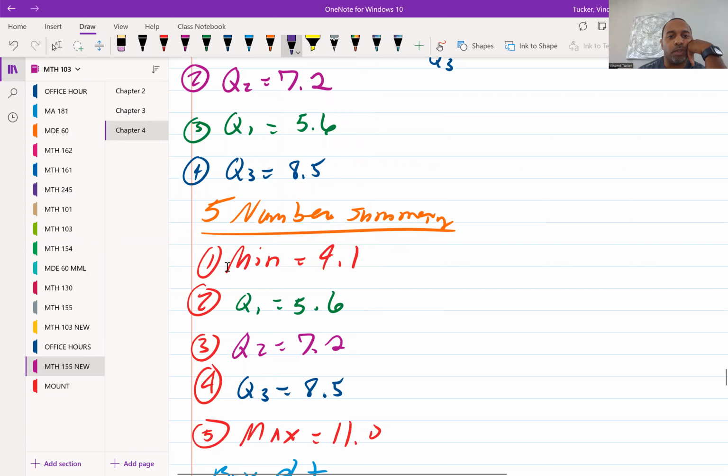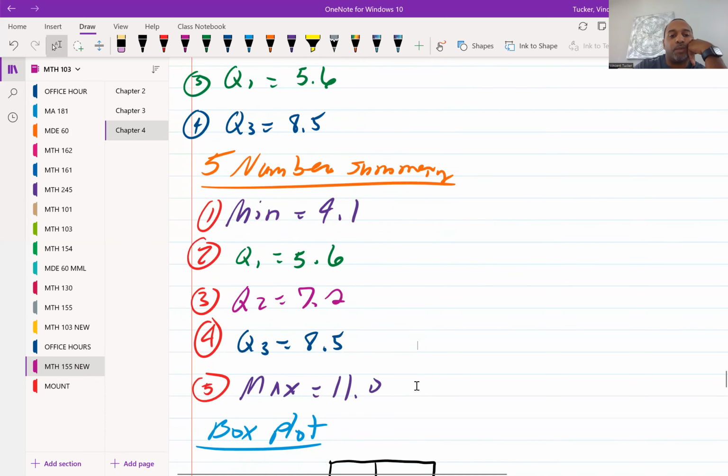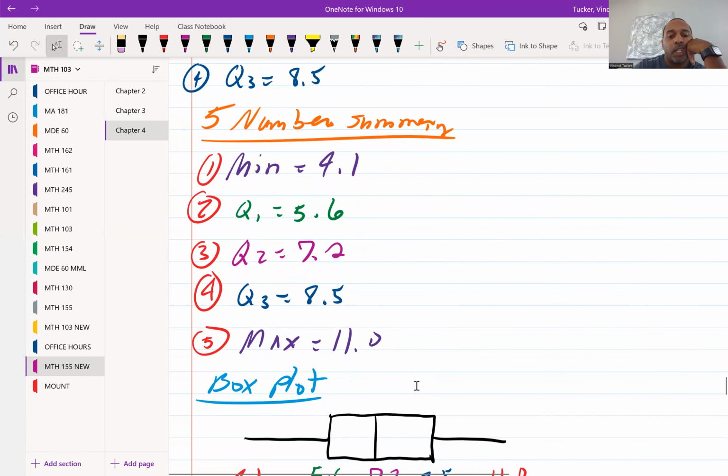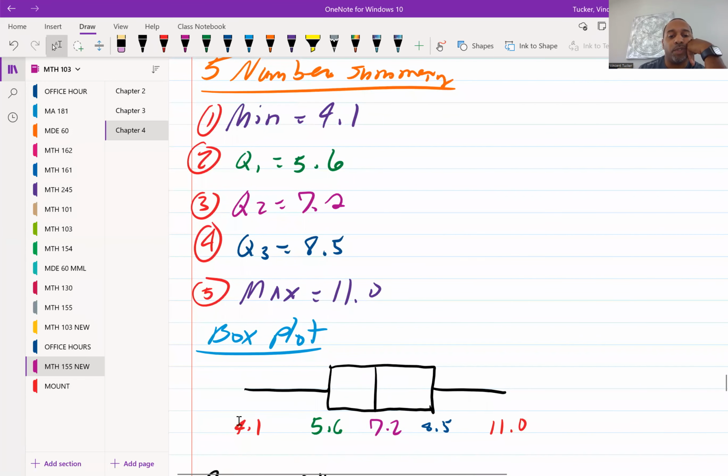So 5 number summary: minimum, Q1, Q2, Q3, then our maximum. Then our box plot made up of those numbers as well. And that's it. Questions on anything?